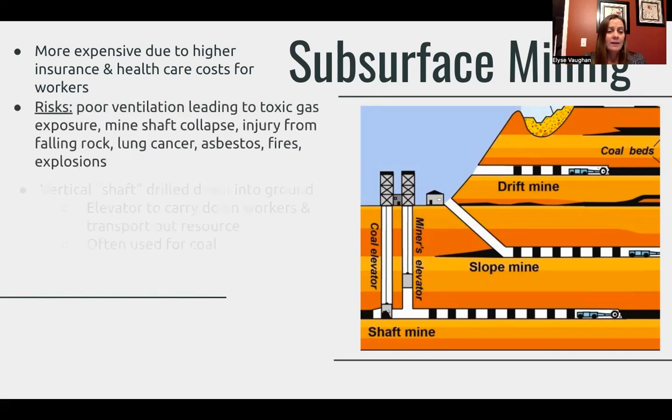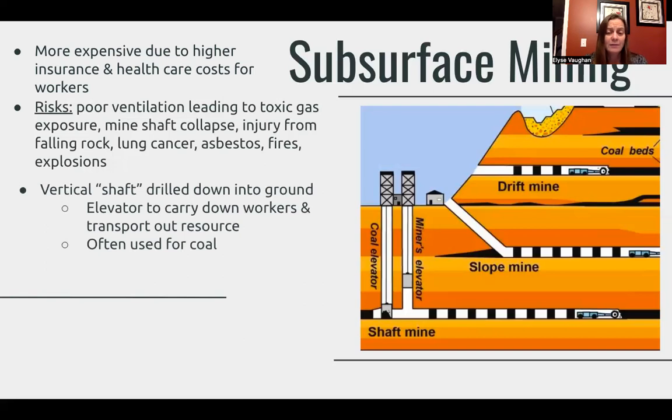So let's take a look at the anatomy of the mine. Usually you have a vertical shaft that's drilled down into the ground. Frequently there are two parallel vertical shafts, which does help a little bit with safety. Usually one of them is an elevator to carry miners down, and a second one is used to transport the resource out.